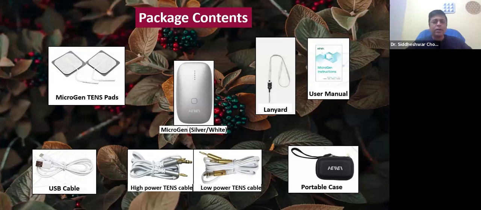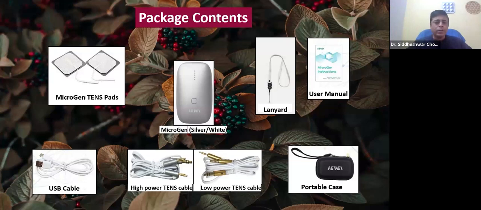You get a lanyard so you can hang it around your neck and easily do your day-to-day work. That is why I love HeaWea a lot. It gives me flexibility. I am getting the contact mode treatment, and at the same time I'm able to move around. So that makes it very powerful for me.